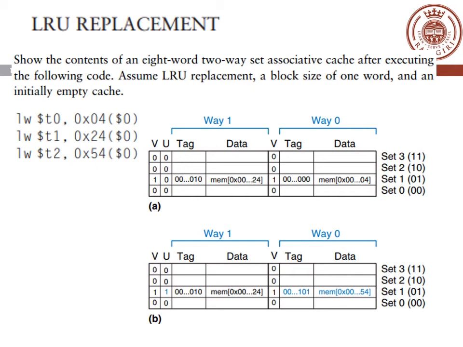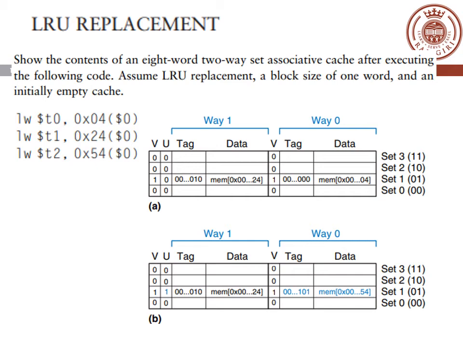The first instruction is loaded from location 4, the second from 24, the third from 54, and all three locations can only map to set 1. Now you have two ways in set 1. So the maximum possibility here is that you can load two data from two addresses, but in the program you can see there are three locations.